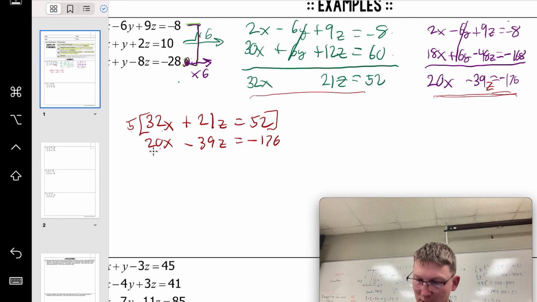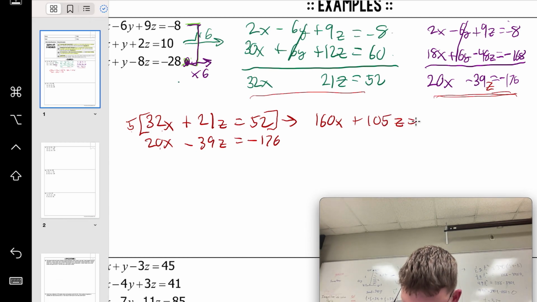So that's kind of why I picked the 5. So if I just multiply that out, we're going to have 160x plus 105z equals 260.